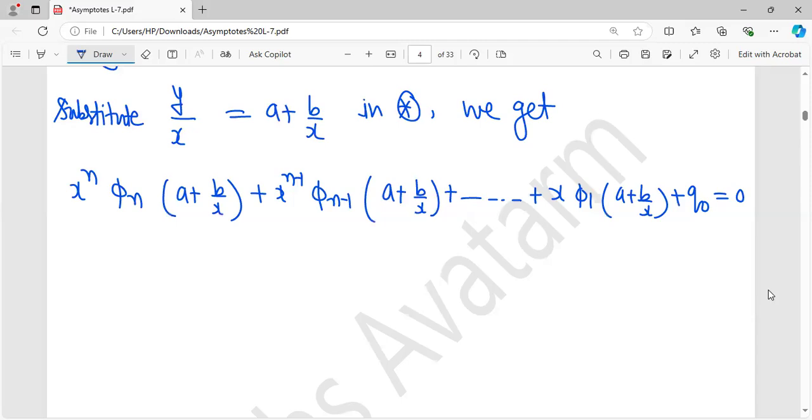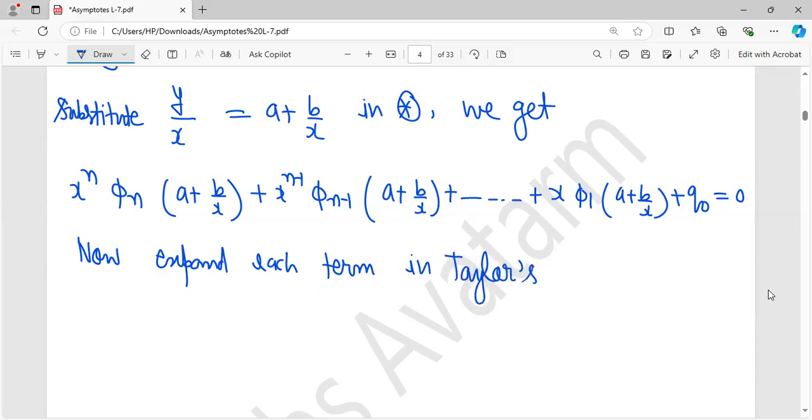Now, expand each term. Expand each term in Taylor series about a.